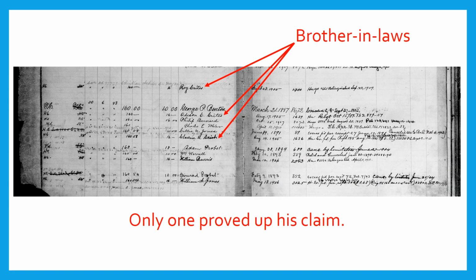Imagine my surprise when I found Clarence in the tract books and 2 of his brothers-in-law living very close together. Both Roy and Addison Kreitz gave up their Colorado homestead for land in Oregon by 1910. But I can get a copy of their homestead applications by using the numbers listed in the tract book.